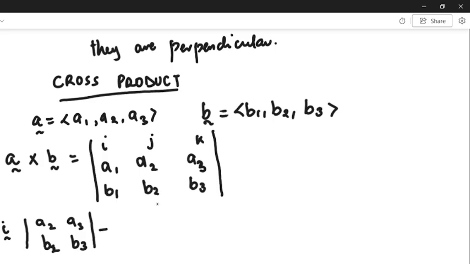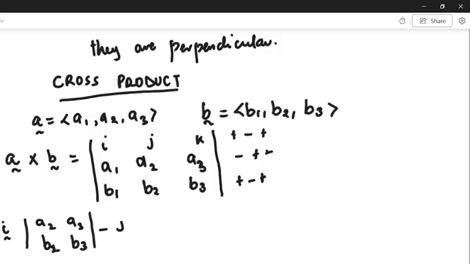Minus. Since we are using row 1, we have plus, minus, plus. If you're using row 2, minus, plus, minus. If you're using row 3, it's plus, minus, plus. So it's starting with row 1 because we want I to be on the outside.